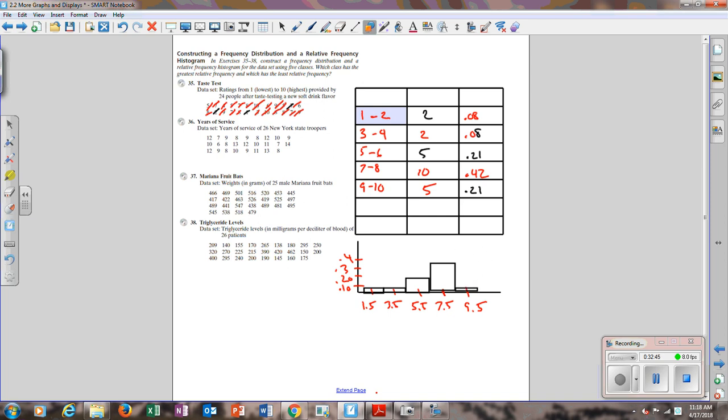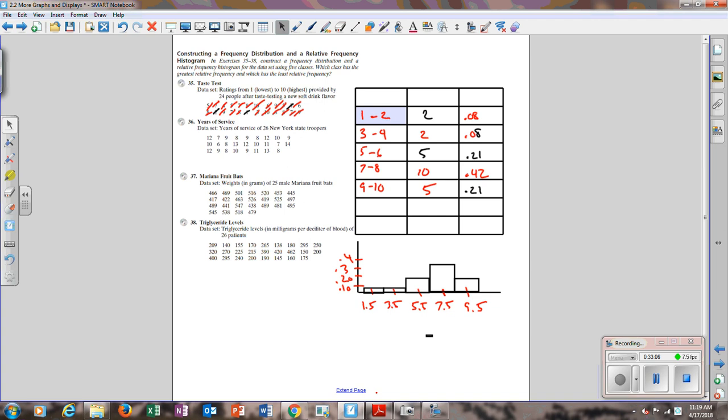And the last one's back at 21%. All right, pretty easy.